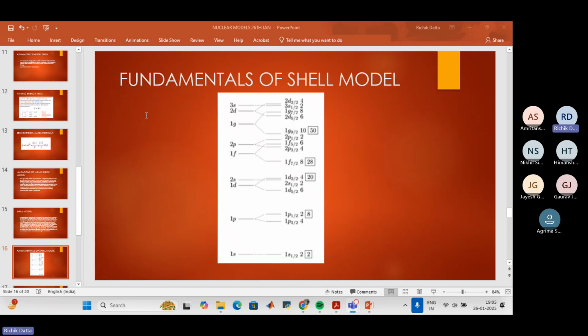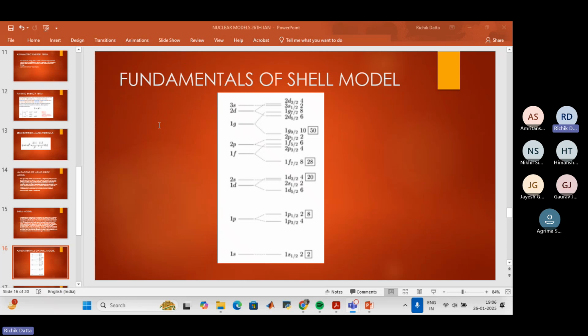This is V equal to V(r) minus f(r) into L dot S, the expectation value of L dot S. This is the modified Woods-Saxon potential.